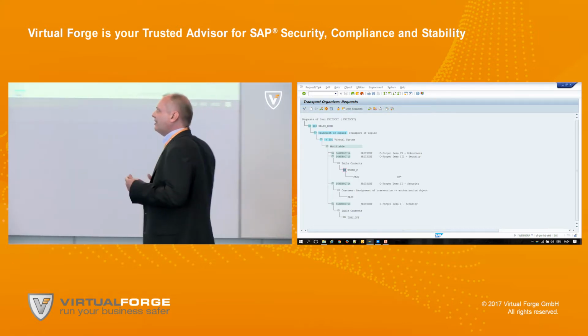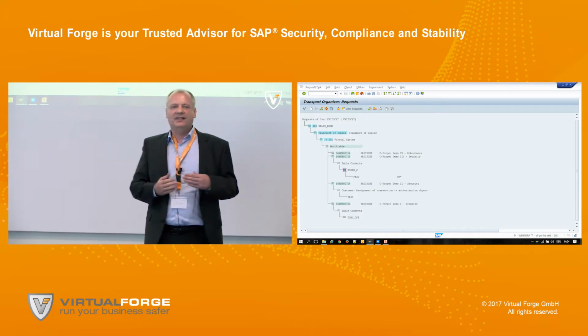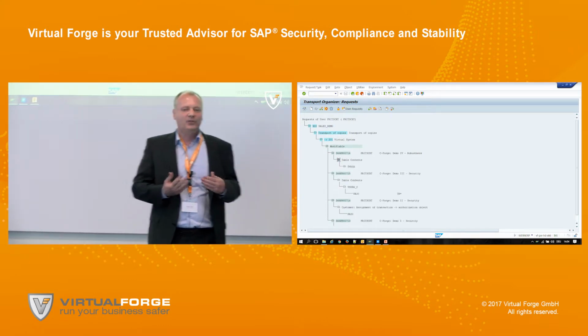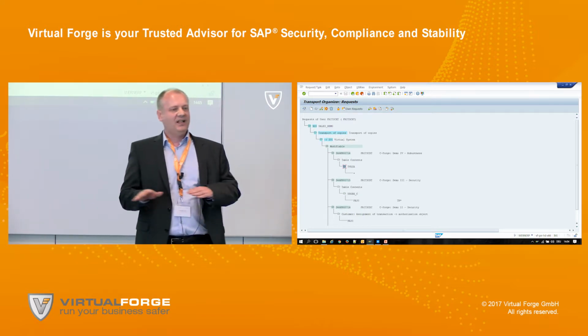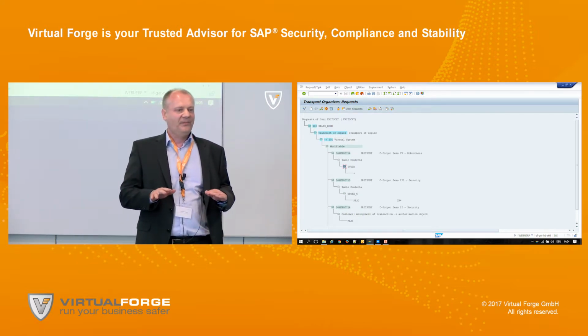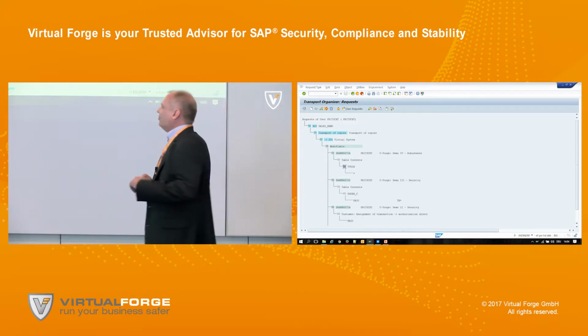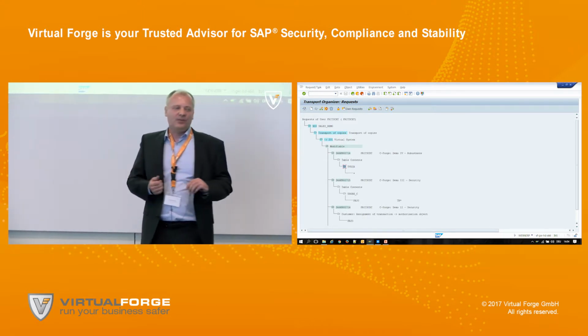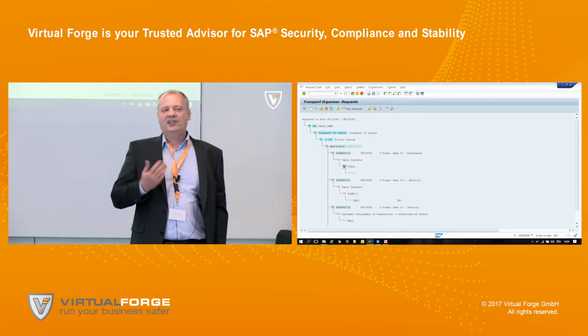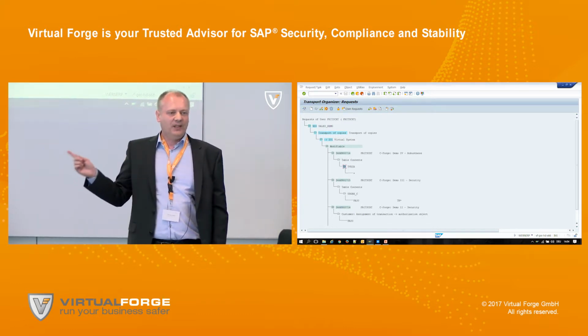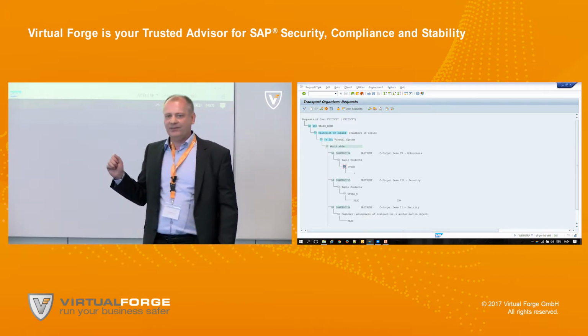Table TVDIR is an administration table that contains all information about your maintenance views that you maintain in transaction SM30. We had 2 events, one at a customer and one at a third-party provider, who accidentally transported that table with key asterisk.